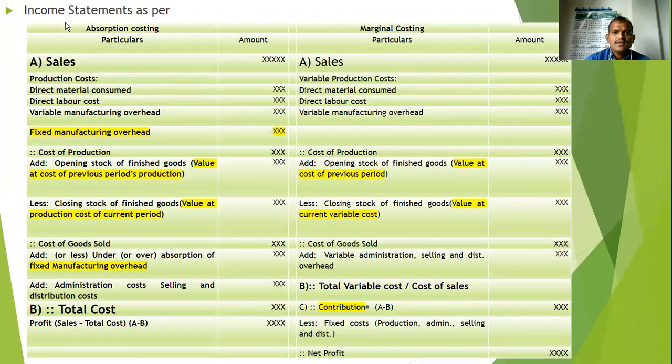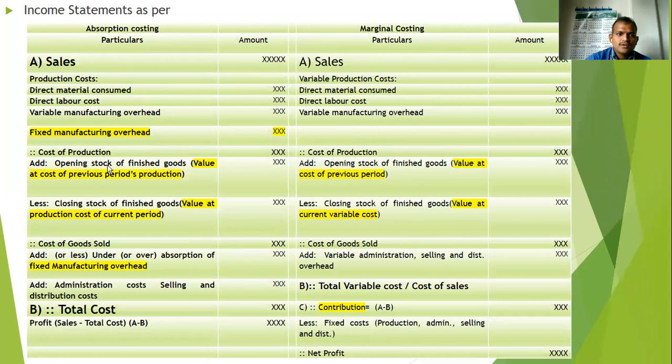So these are the income statements as per absorption costing and as per marginal costing. In absorption costing, sales minus production cost. Production cost involves direct material, direct labor, variable manufacturing overhead, fixed manufacturing overhead. But coming to marginal costing, there is no sign of fixed cost in the cost of production.